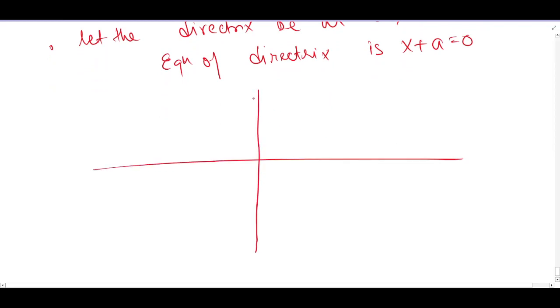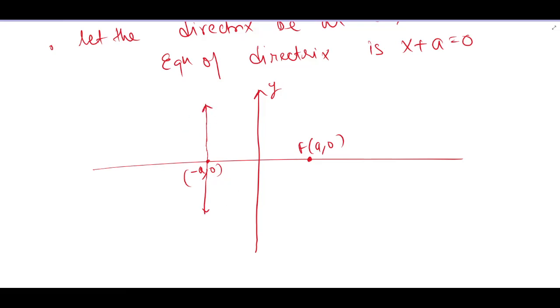So this is the y-axis, and this is the focus F, that is a comma 0, and we have a directrix at minus a comma 0. The directrix is represented by a vertical line parallel to the y-axis. And this is a focus.